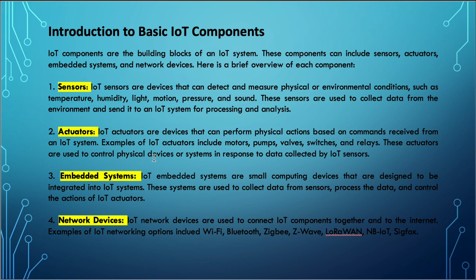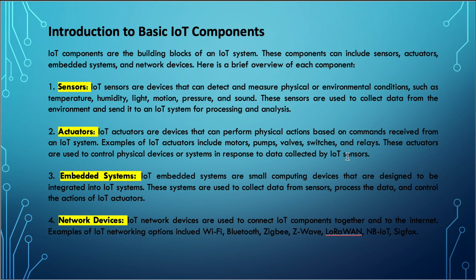So examples of actuators include motors, pumps, valves, switches, and relays. These actuators are used to control physical devices or systems in response to data collected by IoT sensors. So that is what we were talking about before, right.